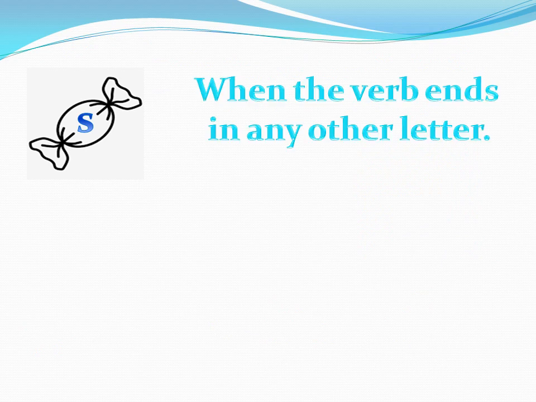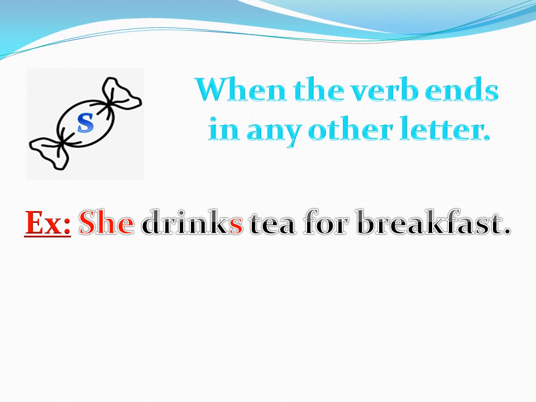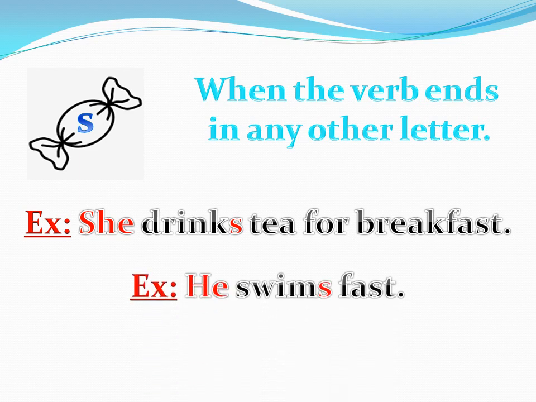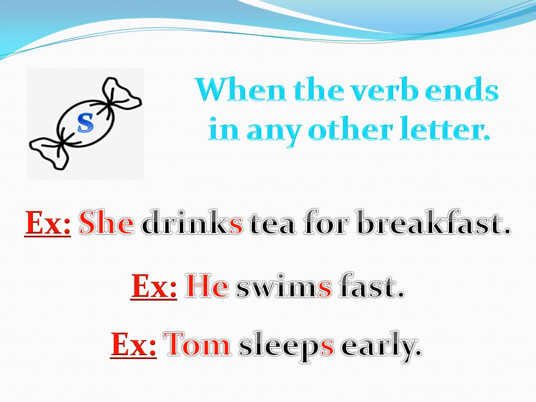When do we use it? We use it when the verb ends in any other letter. She drinks tea for breakfast, so drink ends in K, so we add only S. He swims fast. Tom sleeps early.